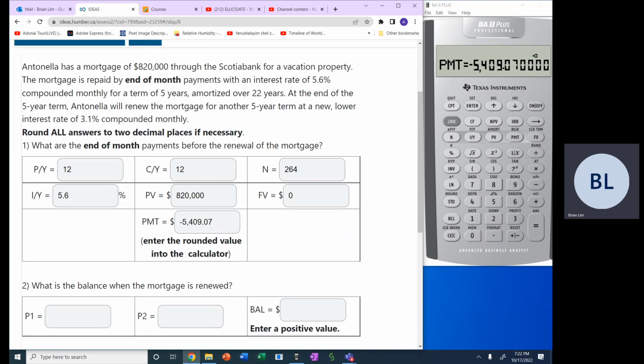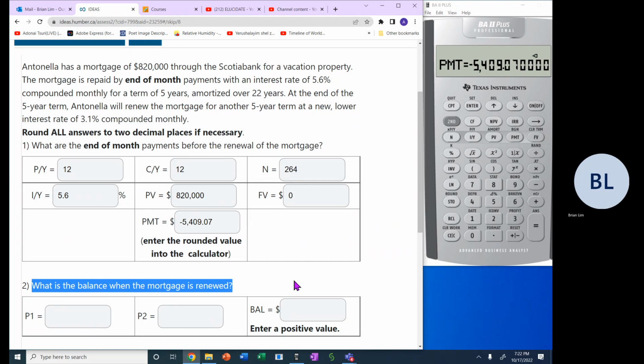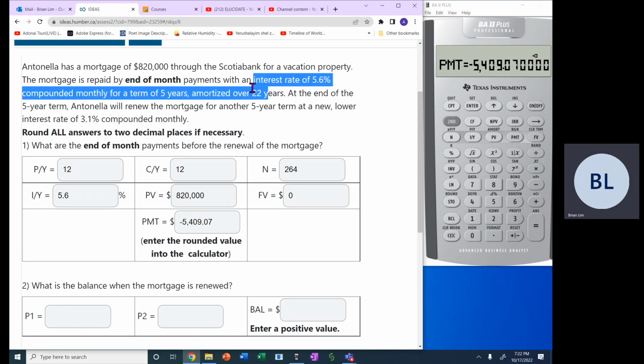All right, now that is for the first part. The next part is saying, what is the balance when the mortgage is renewed? So how many years have passed? Well, it's not 22 years yet, but 5 years. Remember, the interest rate was 5.6 compounded monthly for a 5-year term.